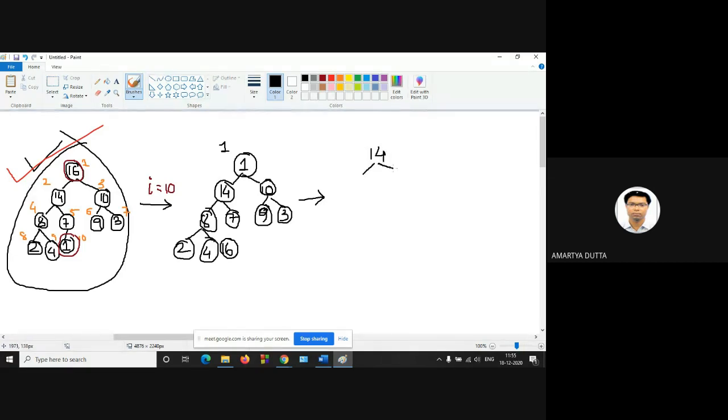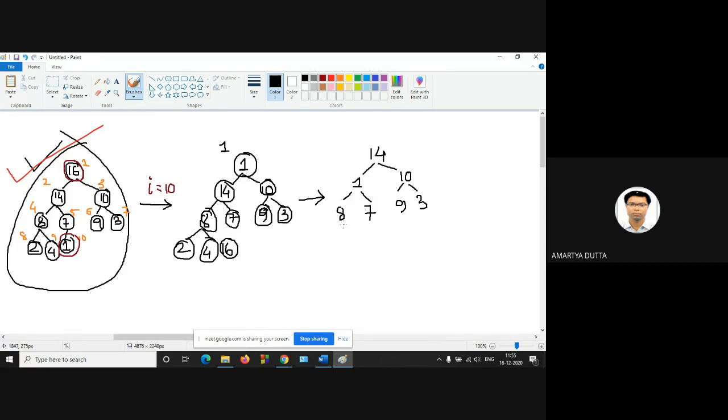Next, this is your 10. This is 9, this is 3. And this will be 1. 14 is exchanged with 1. Now 1 has 8 and 7.